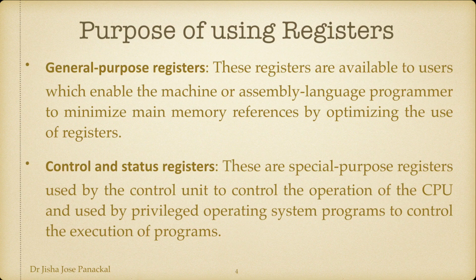Control and status registers are used by the control unit to control the operations of the CPU, and by privileged operating system programs to control the execution of programs. So these are some privileged registers that are used by the control unit as well as the operating system for specific purposes.